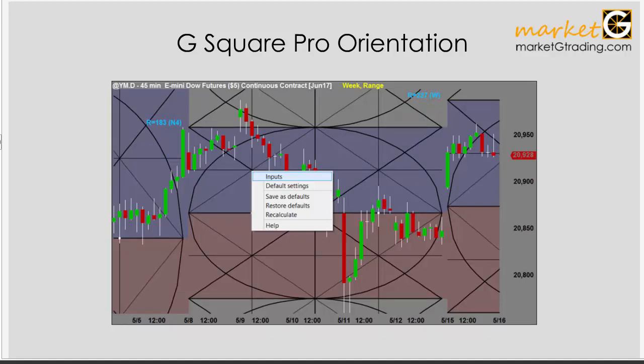The little box that just opened on the screen is what you get when you right-click on any of the G-Square Pro plots. G-Square Pro has customized inputs, so you don't have to fuss with remembering complicated little codes to make it work with TradeStation's input screen.